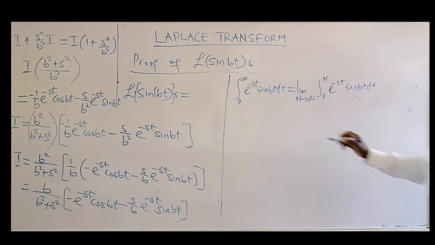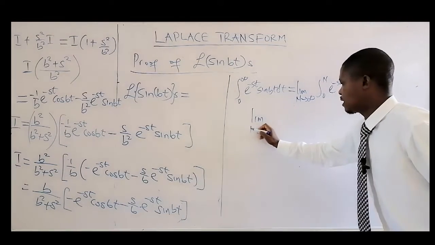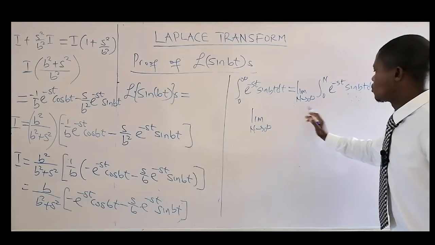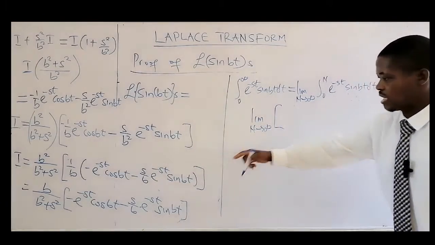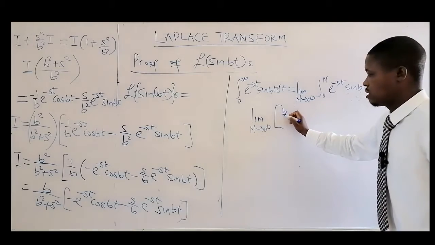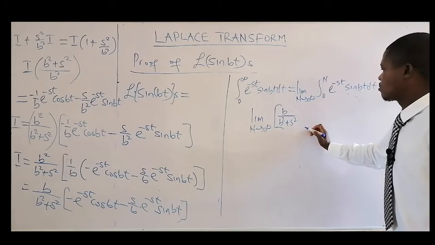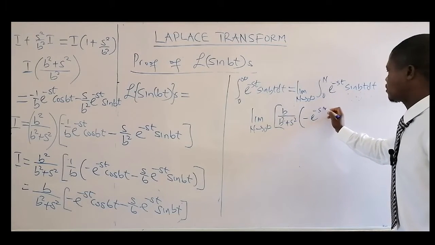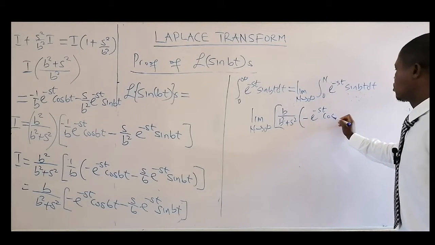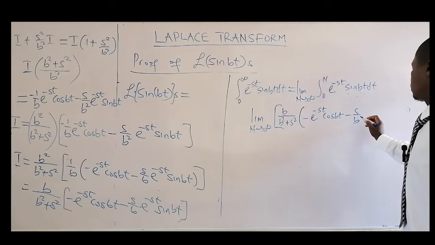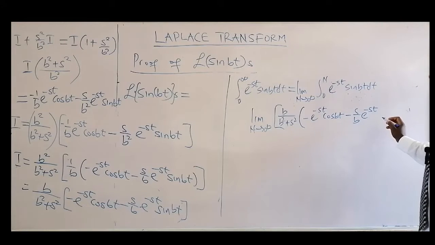So that will be the limit as n tends to infinity of b over b squared plus x squared e to the minus st cos bt minus x over b sine bt.